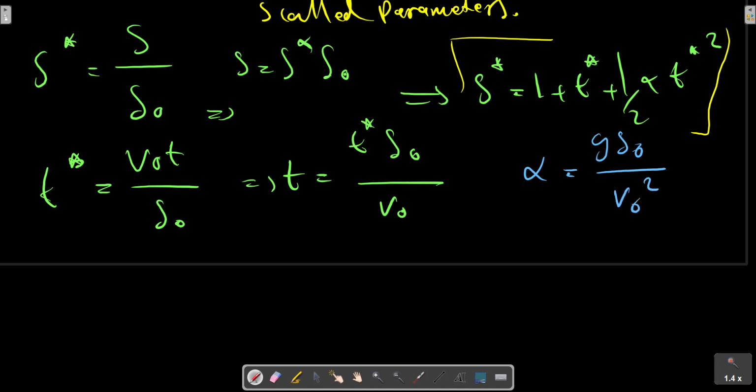It is not a constant, it depends on our problem. The option 2 is scaling parameters.